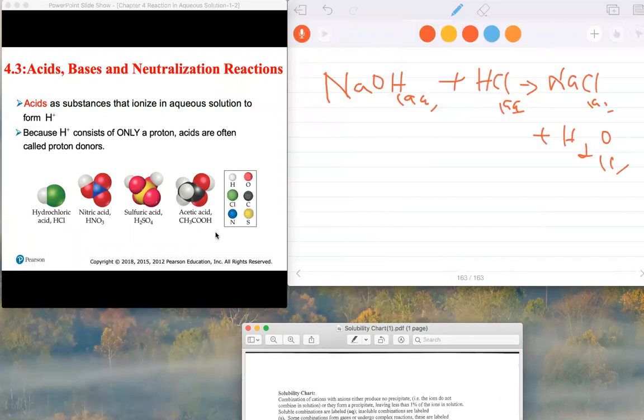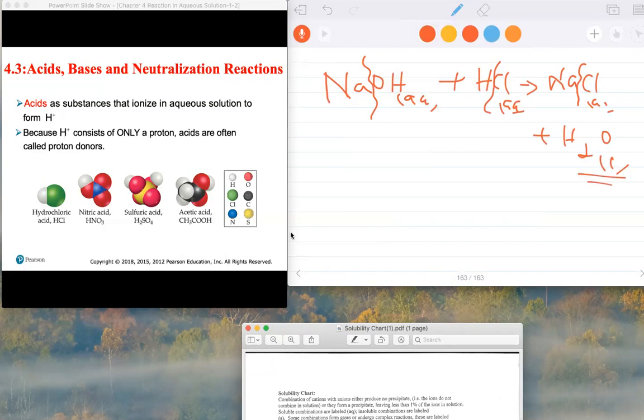Remember, you split the aqueous phase in the molecular equation. What I have here is the molecular equation. You're going to split this, and this, but you don't split the liquid.